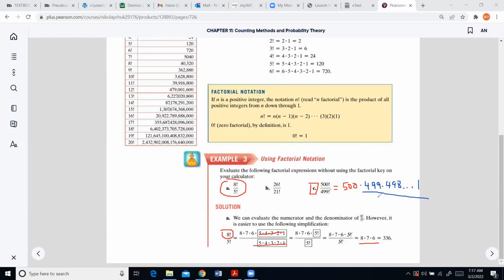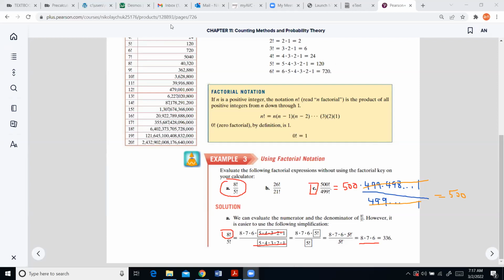And if you put the denominator again, 499, dot, dot, dot, all the way to 1, then you can see that these will cancel. And the answer will be just 500, that we could right away calculate.